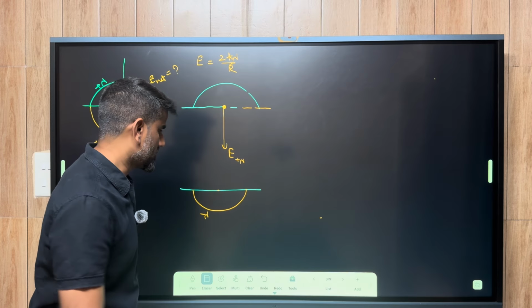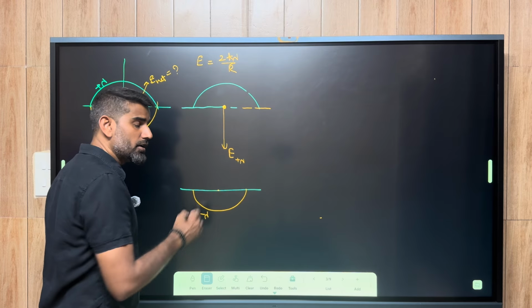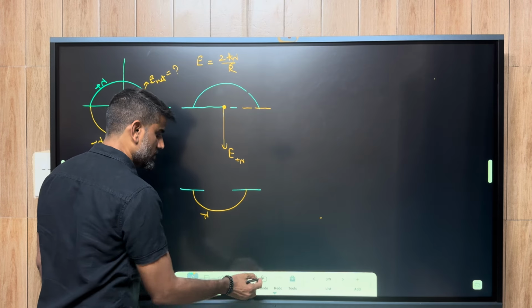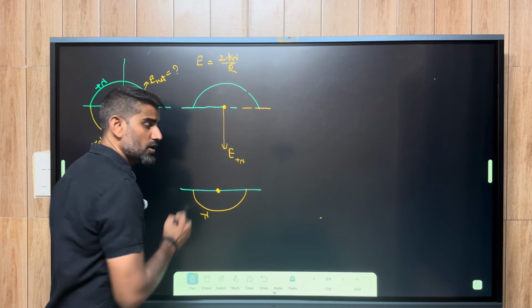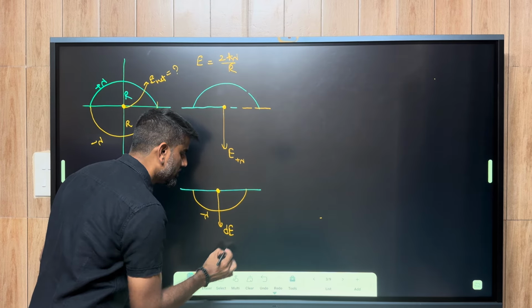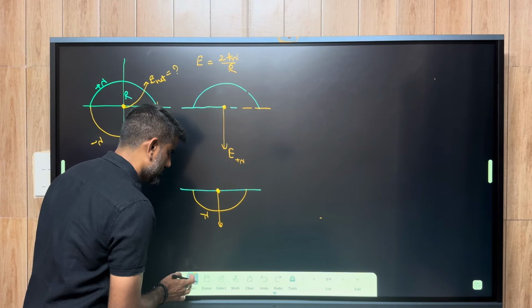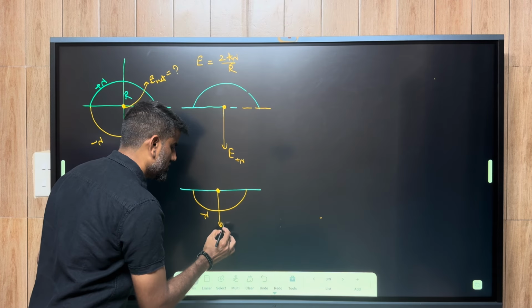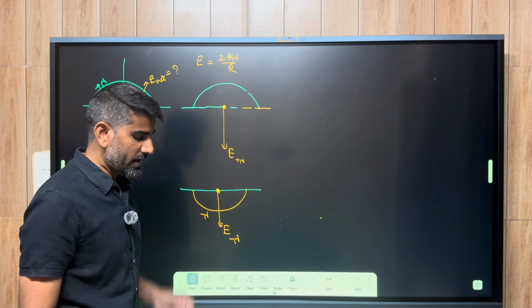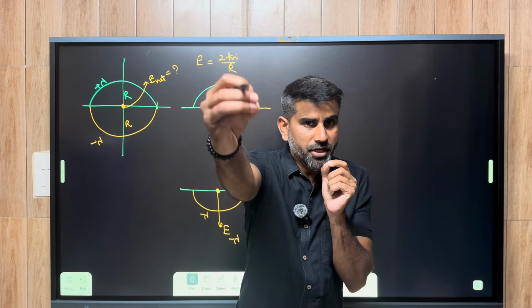Now if I take the negatively charged linear charge density, the field due to it at this point is towards the charge. As I've already told you, the electric field due to positive charge is always pointing away.